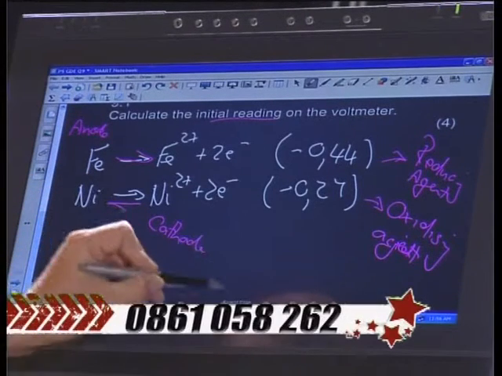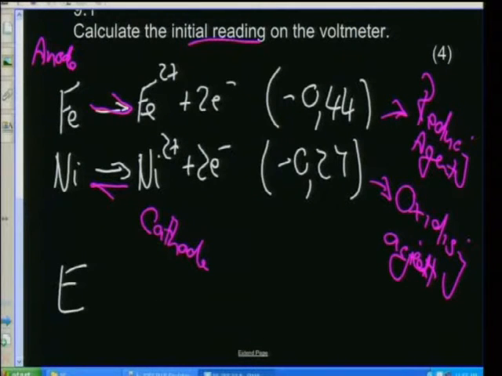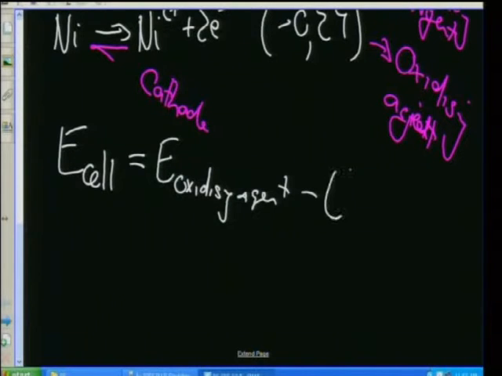And so we can now use our formulae, which are on your data sheet, which says E naught of the cell is going to be the E naught of the oxidizing agent, or the E naught of the cathode, minus the E naught of the reducing agent. You could also say E naught of the cathode minus the E naught of the anode.